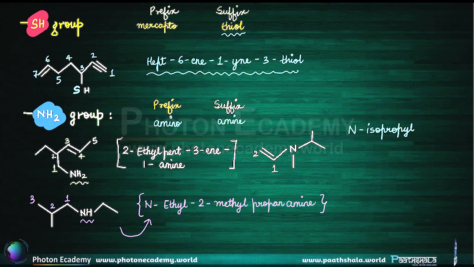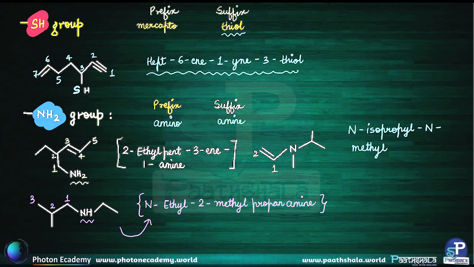Then at N only we have the methyl group also present. So N-isopropyl, N-methyl. And then the main chain that we have, that is ethene, amine. So we have N-isopropyl N-methyl ethenamine, and this is the name of this compound.